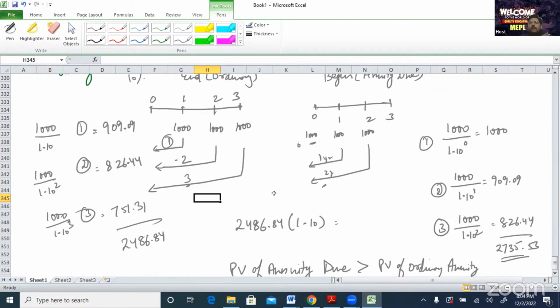So what we have learned so far, we first understood the time value of money concept. Okay. Then we saw what is compounding, what is discounting. So calculation of future value is compounding, calculation of present value is discounting.